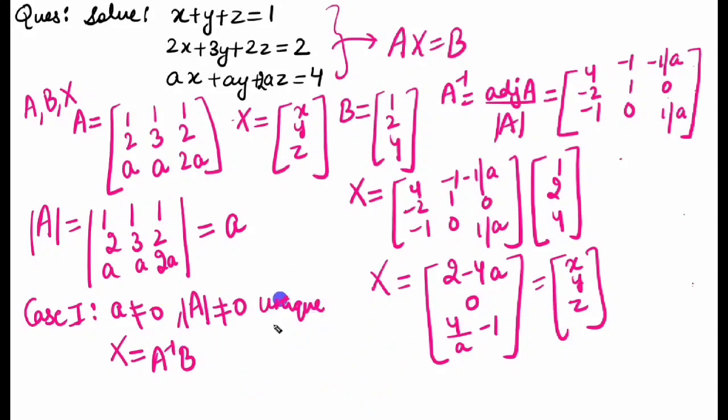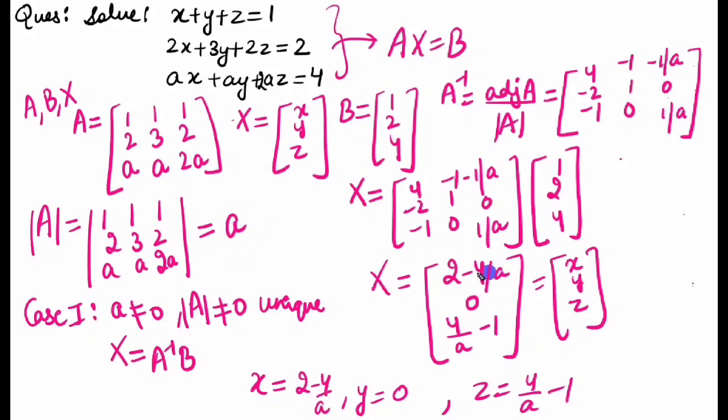The unique solution of this system is x is equal to 2 minus 4a, y is equal to 0 and z is equal to 4 upon a minus 1. So this is the unique solution of the system when the value of a is non-zero.